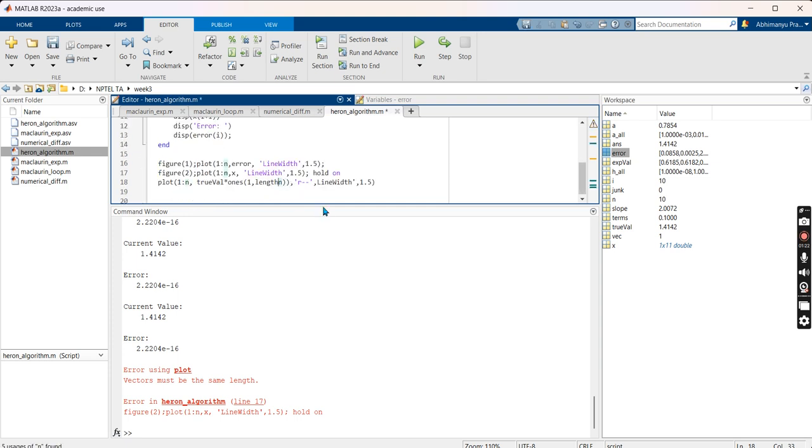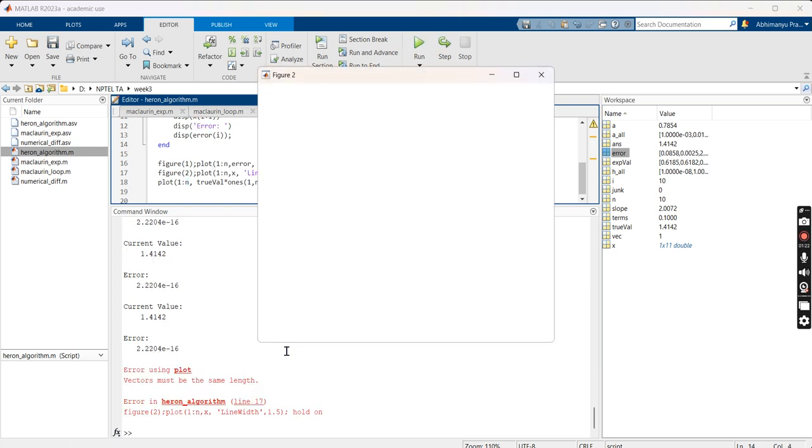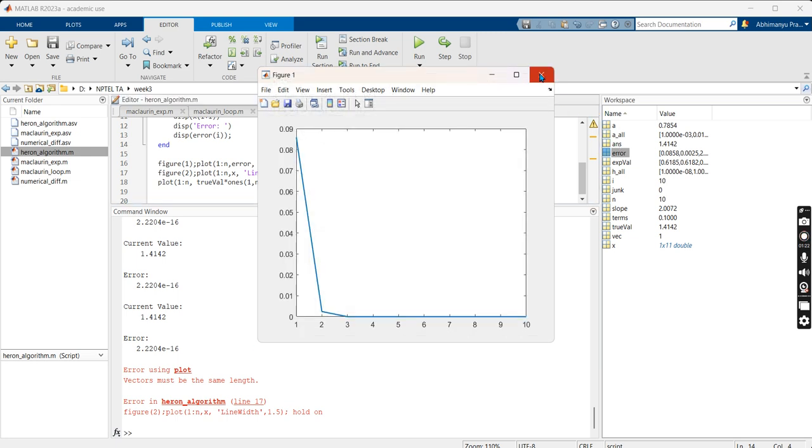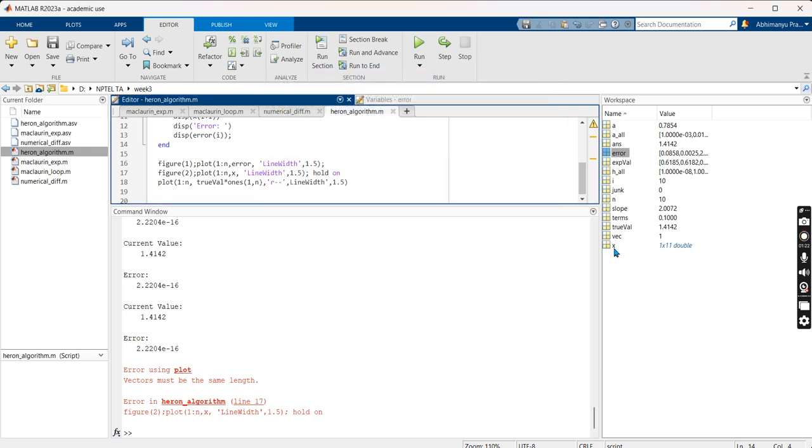Sorry, n is a scalar. This must be the same length as 1:1 x. So what is the size of my x? It's 11, and n is 10 only.